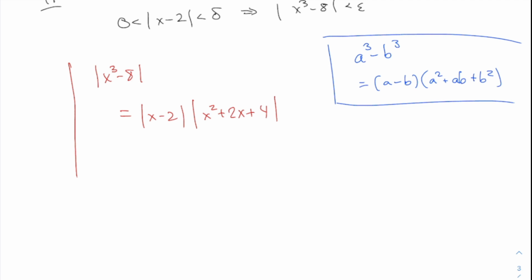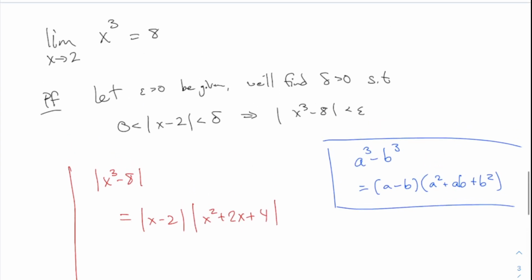So, first moral of the story for this example is, sometimes in the simplification step, you have to use some random fact, which you may or may not remember. In this case, it's something about the difference of 2 cubes. If your function is something like sine x or cosine x, you might have to use some weird formula involving sines and cosines to try to simplify out the part that you're talking about.